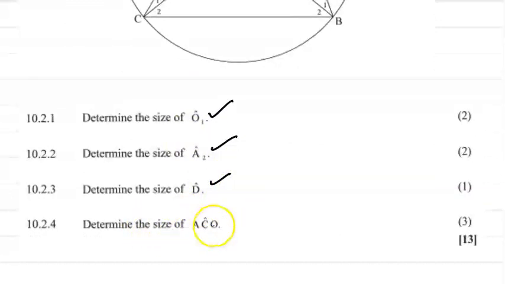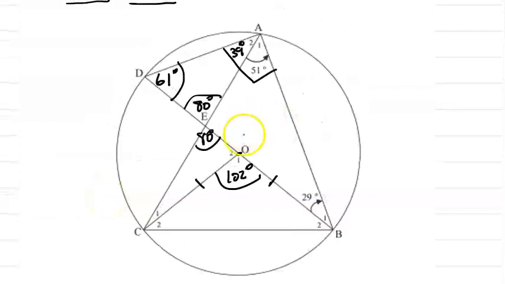And determine the size of ACO. Let's go and look at ACO. So basically C1 there, right? Yep, I think we got it. How are we going to get that one? Remember, the exterior angle of a triangle is equal to the sum of the interior opposite angles. So that will be 102 minus 80, and that should give us 22 degrees there.